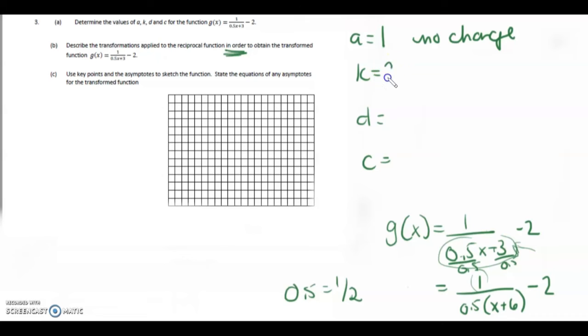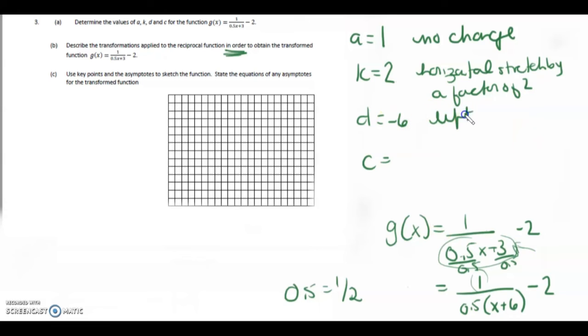So it's technically 2, and this is a horizontal stretch by a factor of 2. Okay, d is -6, going left 6. In this bracket, it looks like a positive, so d is actually the opposite. And then -2 is down 2.